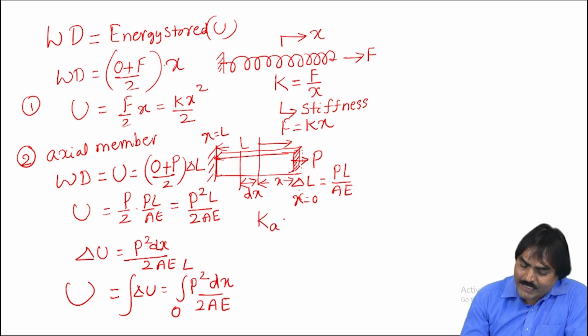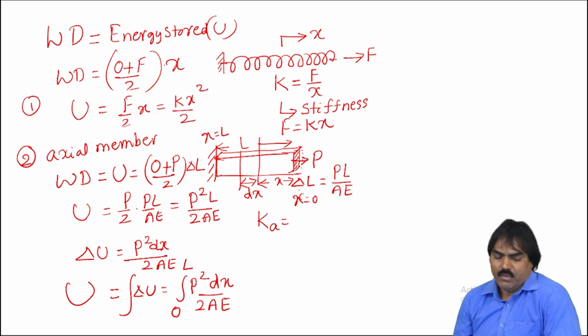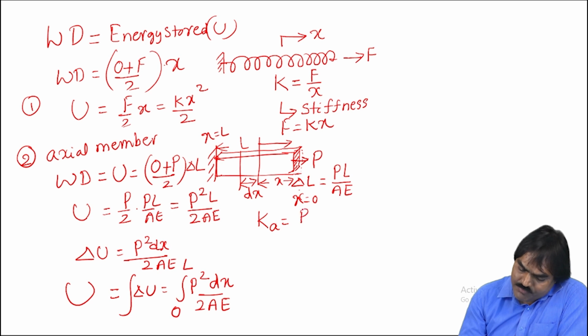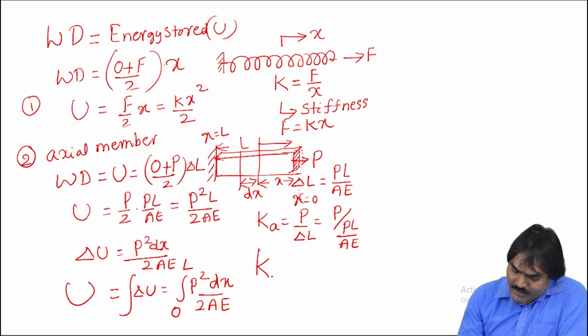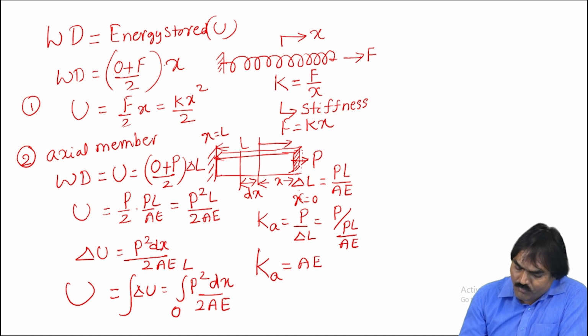That is called axial stiffness. The stiffness is always defined as load by displacement. That is P by PL by AE. So therefore, the axial stiffness of this member is AE by L.